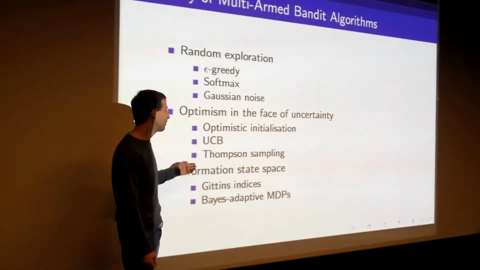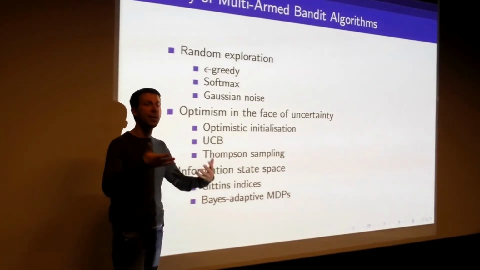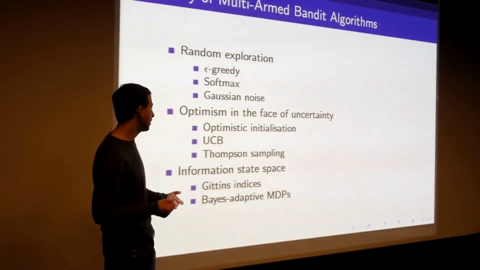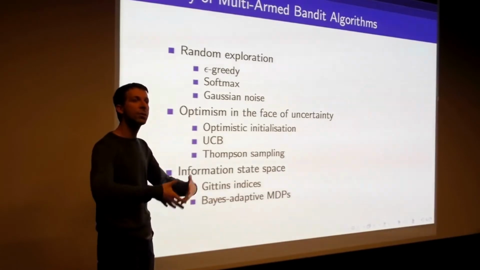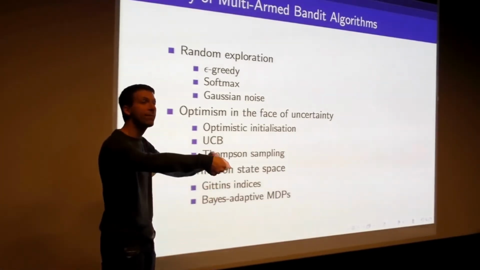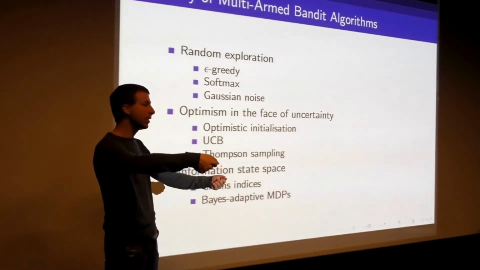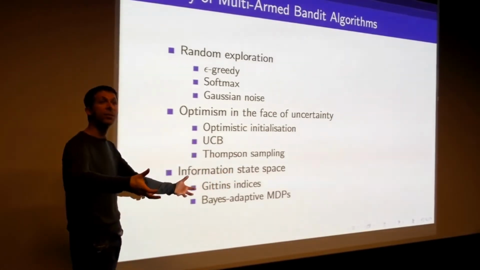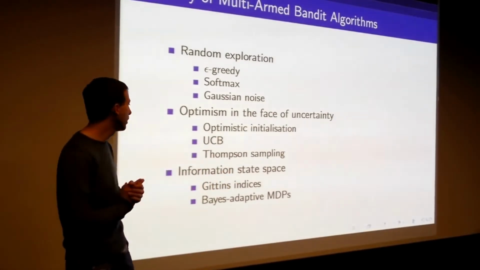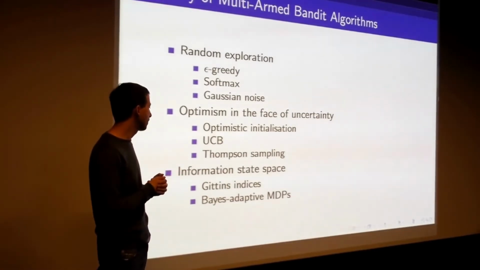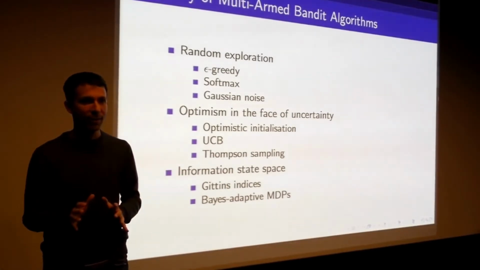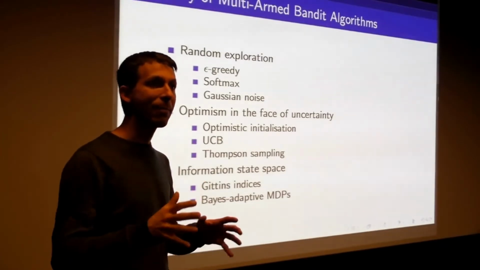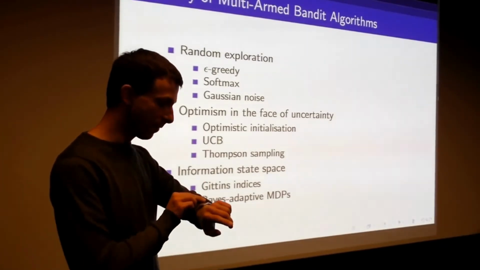And then finally, we have the information state space idea, the theoretically optimal approach, where you do look ahead in this whole space of all the decisions you might make, how they affect how much you know about the problem, and then figure out the best path through this information state space so as to really figure out which of those leads you to the best possible solution.